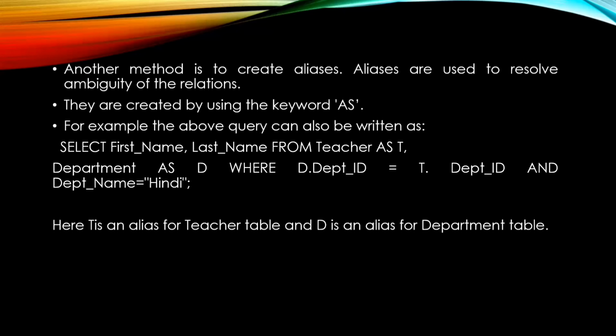For example, the above query can also be written as select first name, last name from teacher as alias T, department as alias D, where D dot department ID equal to T dot department ID and the department name is equal to what? Hindi. Okay. So aliases are used to resolve ambiguity of relations.